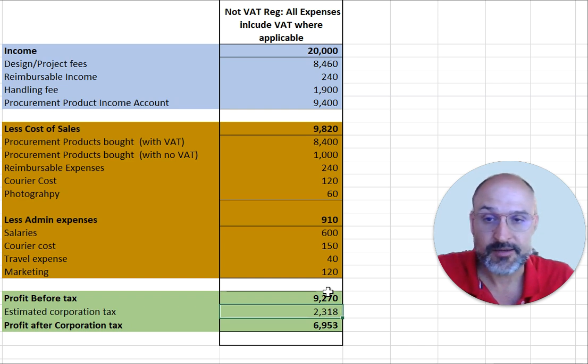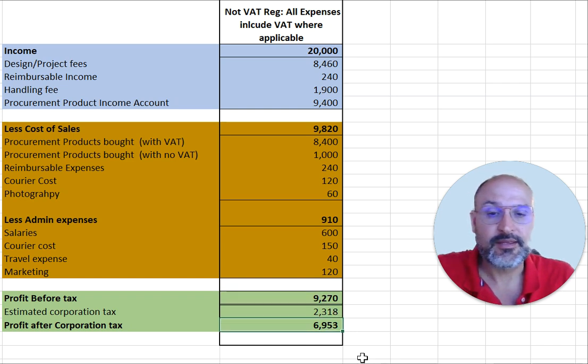So if you're set up as a limited company, the company will pay corporation tax on that profit before tax. And then that will be your profit after corporation tax. And if you're the business owner or the sole shareholder, then that is the amount that you can pay out as dividends to yourself. And obviously you need to have retained income to be able to pay out dividends. All right. Okay. I hope I'm still making sense here.